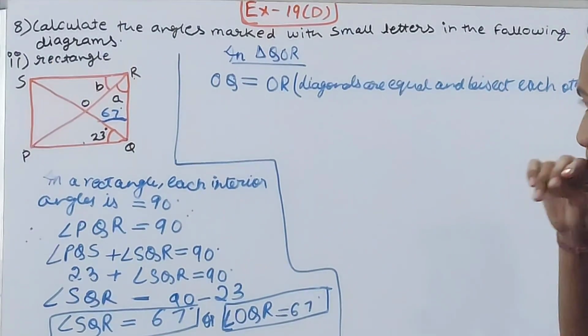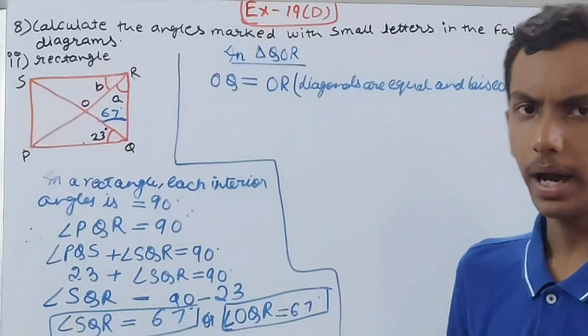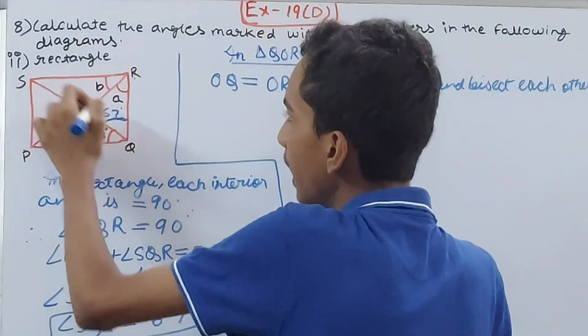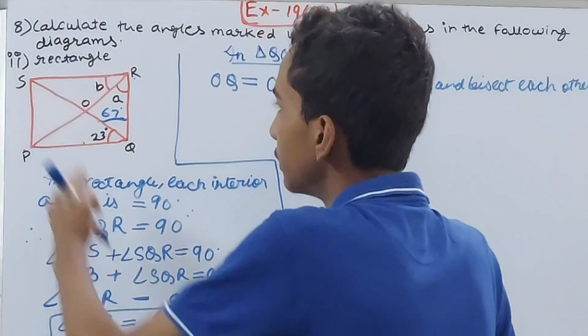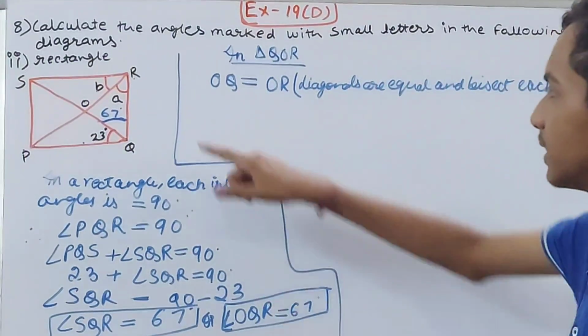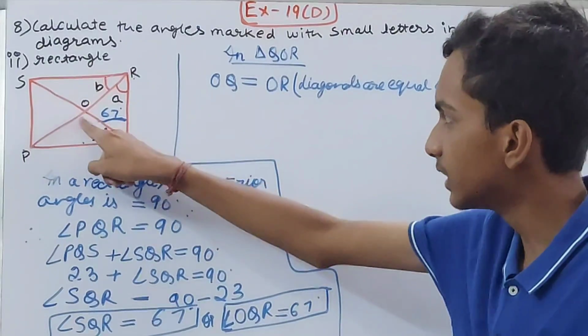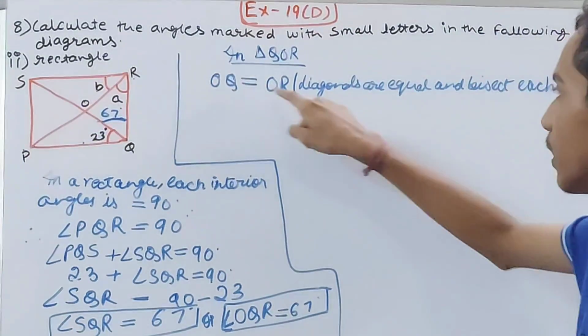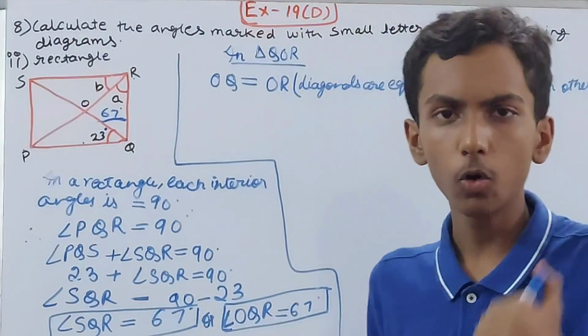Fine. So OQ will be equal to OR. That is simple thing, right? Because see, SQ is equal to PR. So half of SQ will be equal to half of PR. That means half of SQ it is OQ and half of PR is OR. OQ is equal to OR.